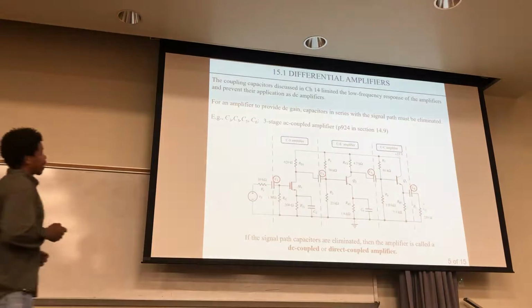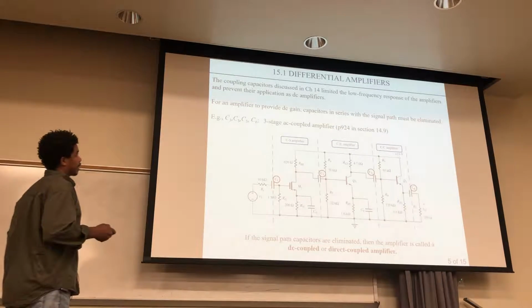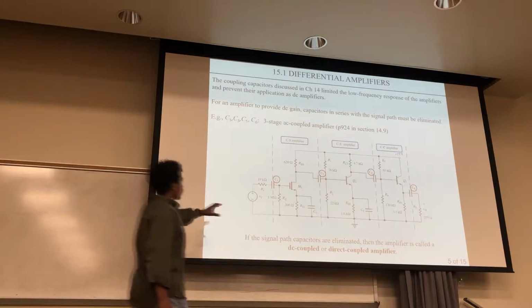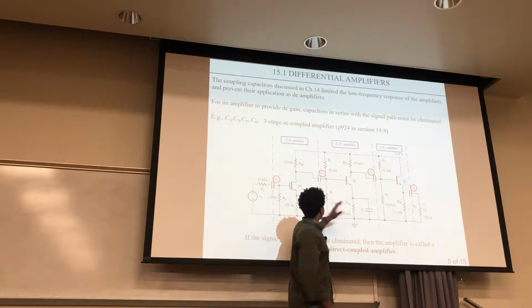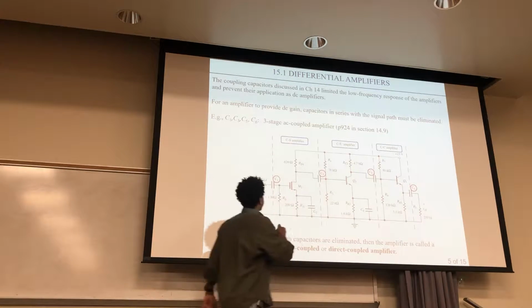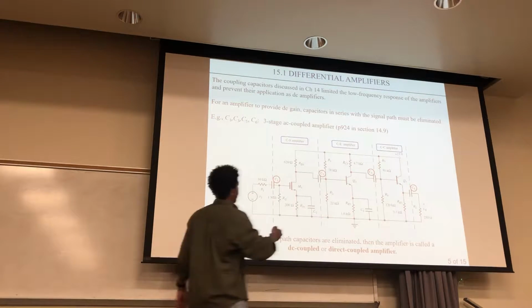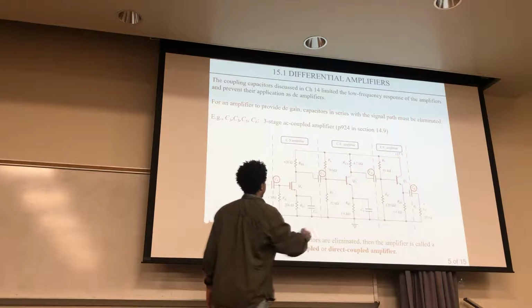Okay, for an amplifier to provide DC gain, the capacitors in series with the signal path must be eliminated. Here are a few stages in series. This is a three-stage amplifier: you have a CS amplifier here, a CE amplifier here, and a CC amplifier there.